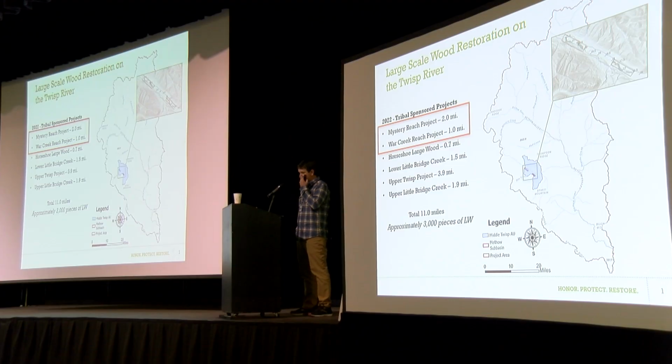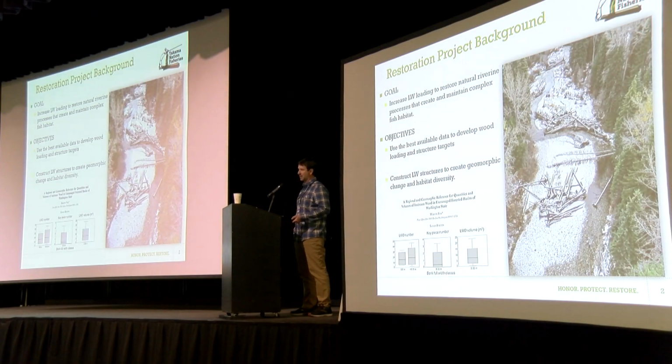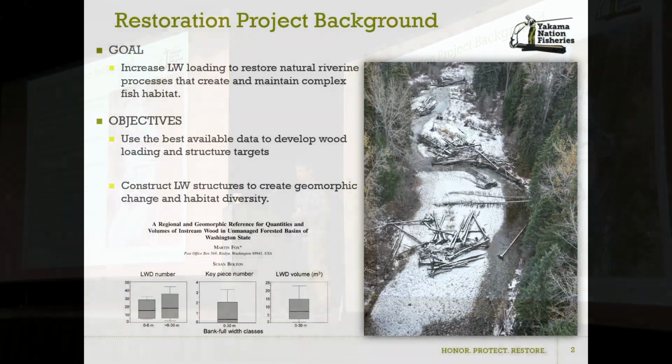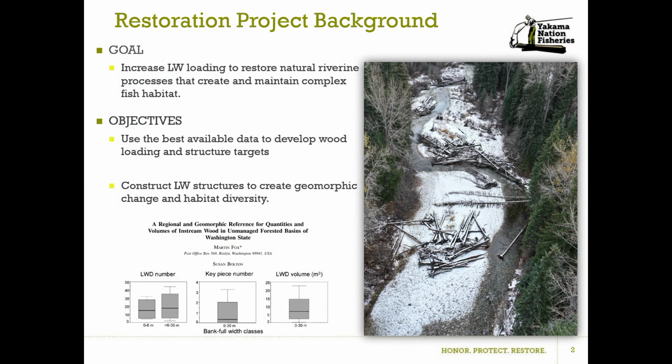The project areas that I'm going to be talking about today were implemented by the Yakama Nation, and they're located in the Middle Twisp Assessment Unit, which is a high priority for restoration actions supporting recovery of spring Chinook and steelhead. The goal of the project initially was to just increase large wood loading to restore some of the natural riverine processes that we weren't seeing taking place in the landscape.